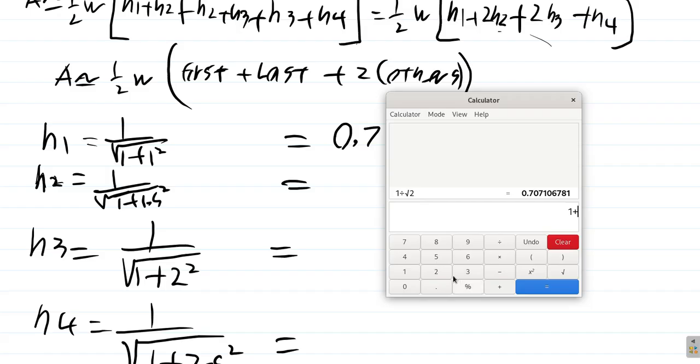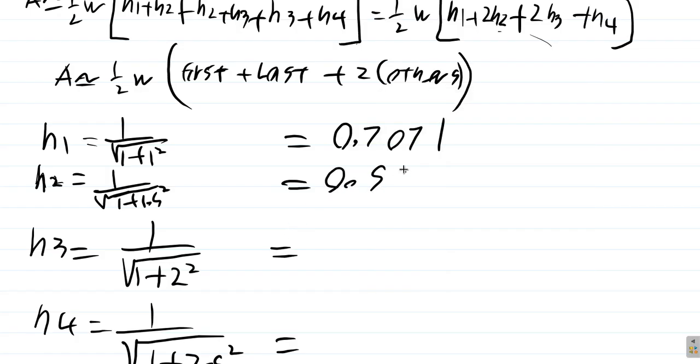So it's 1 plus 2.25. Then the square root of that, then 1 over that equals 0.5547. Okay. So that's what we have.